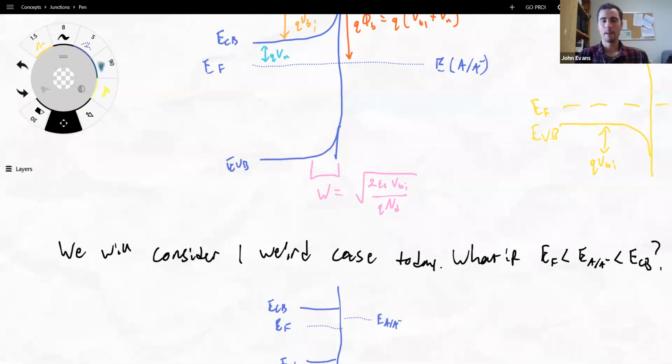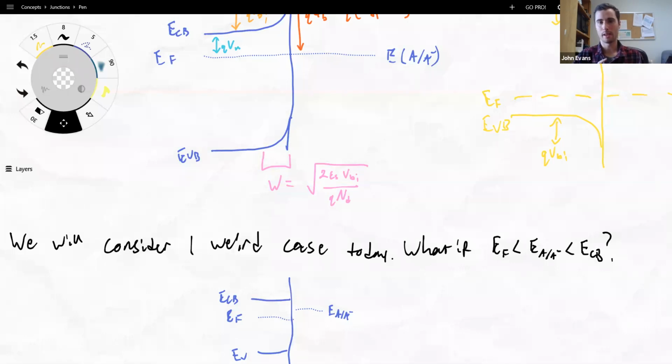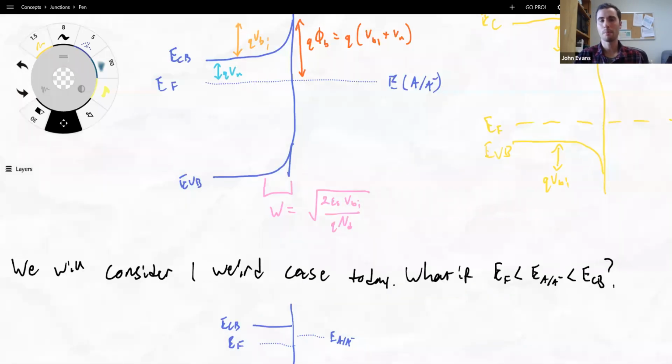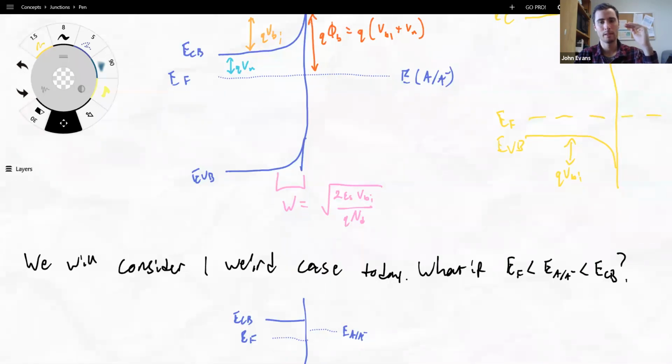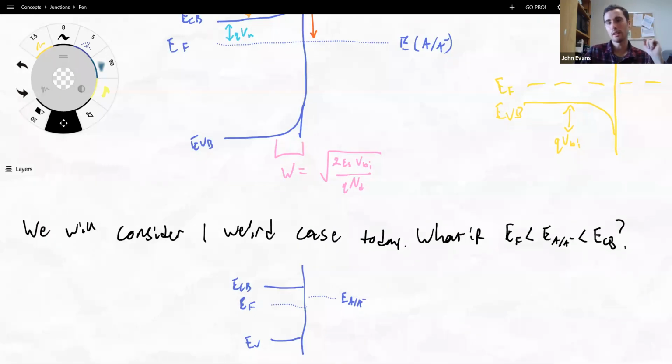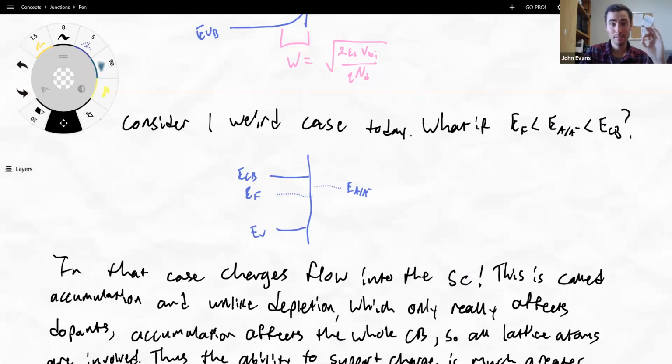All right. There is one weird case that we'll consider today, which is what if we keep with our N-type, but instead of pulling the Fermi level down, we need to push it up a little bit? So what if the energy of our species is in between our Fermi level and our conduction band? In this case, electrons are going to flow the opposite direction than they have.